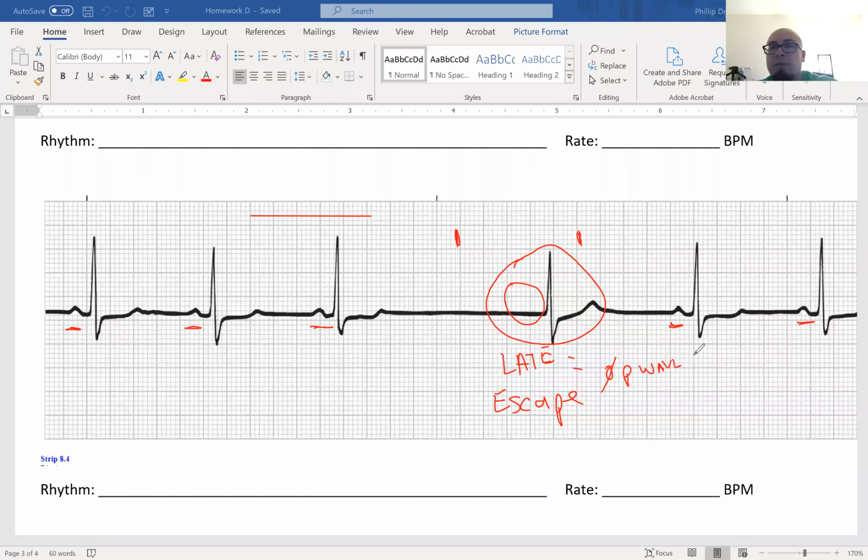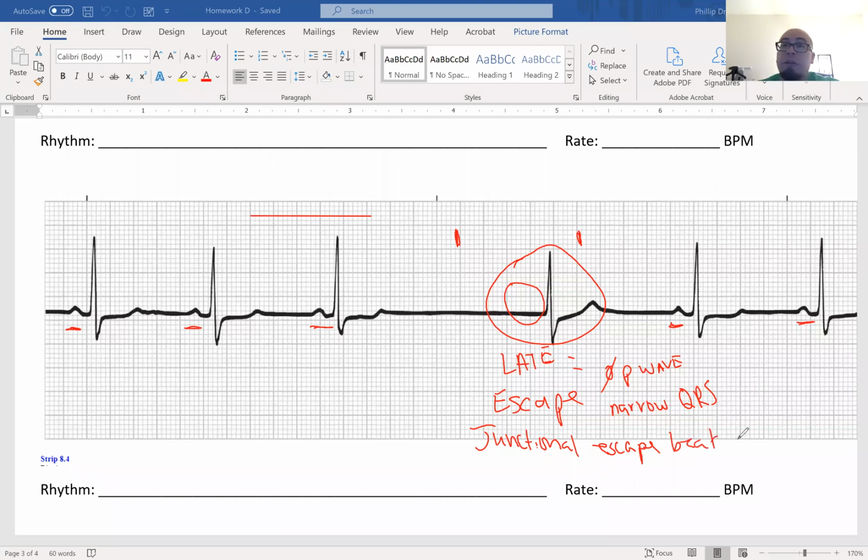So if I don't have a P wave, it's either a junctional or ventricular. If it's ventricular, I have a wide QRS, but here I have a narrow QRS. So I have a junctional escape beat.